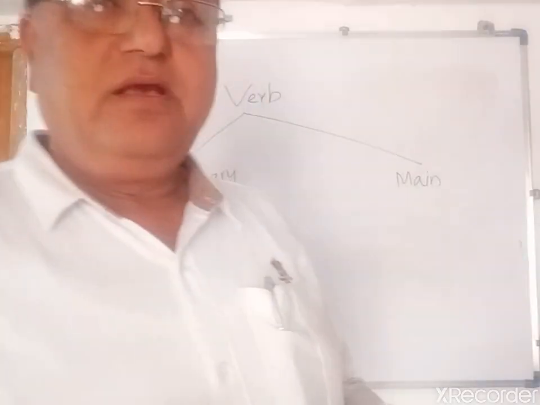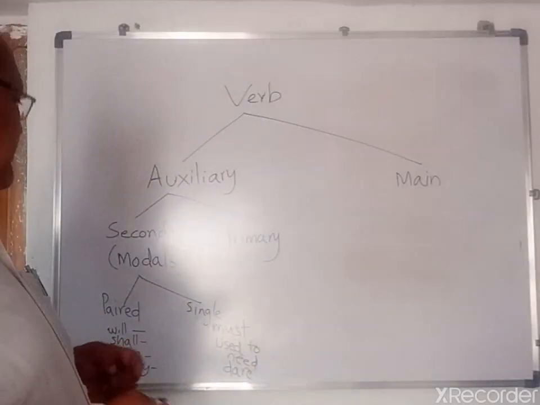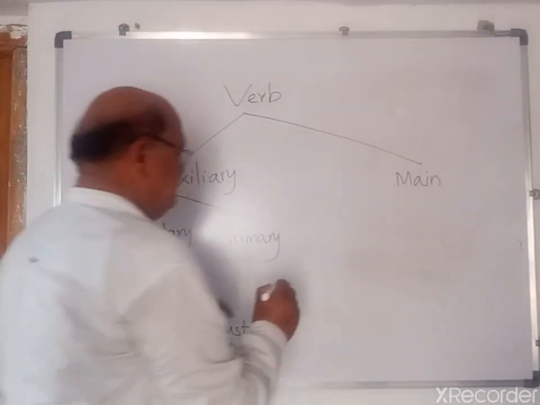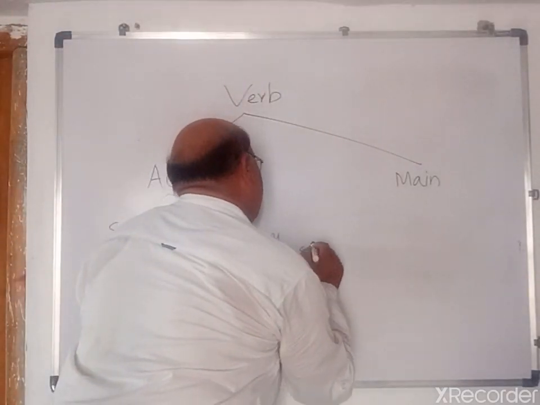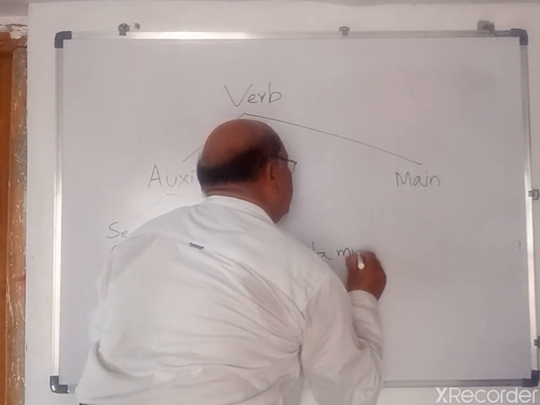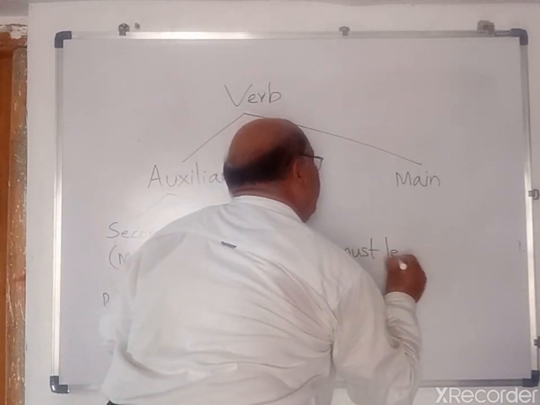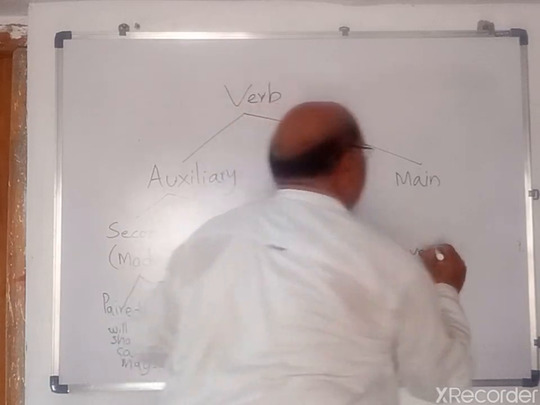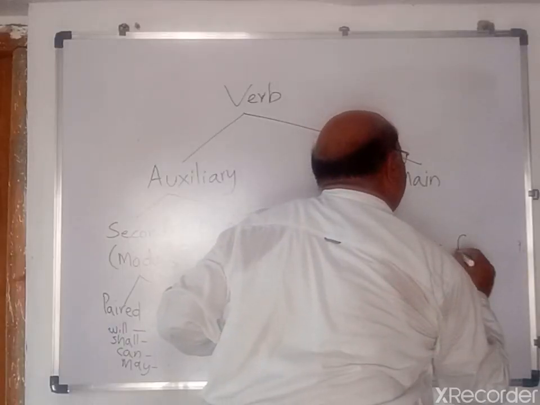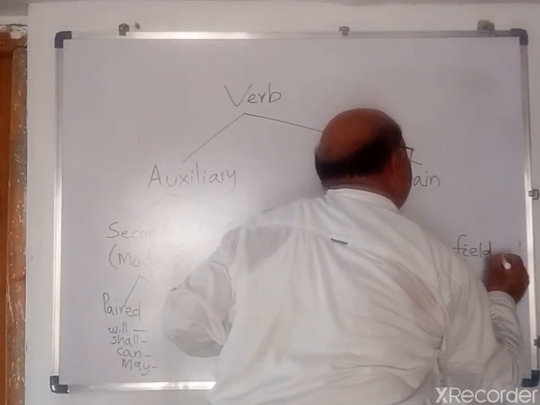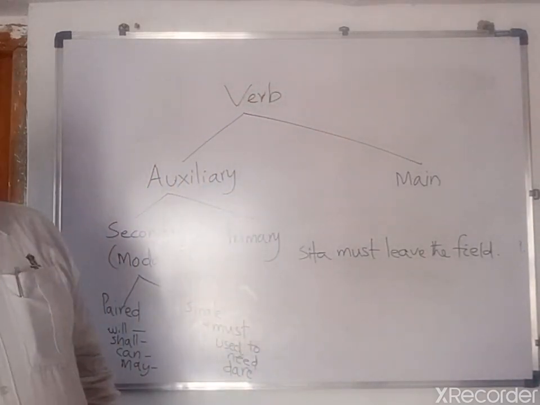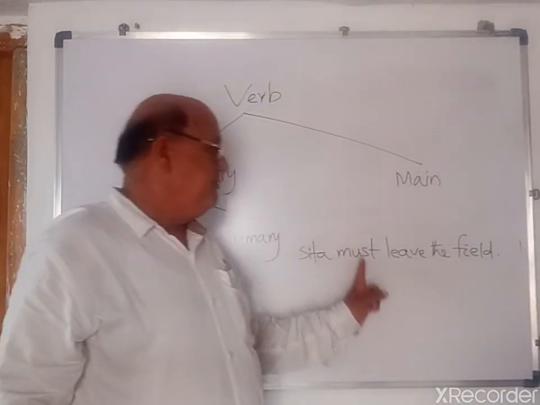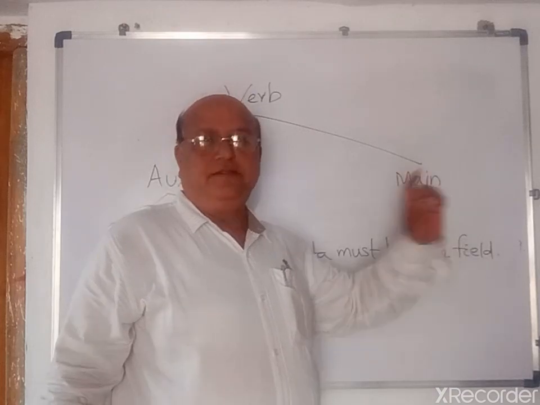See where we grumble. If a sentence comes, Sita must leave the field. One sentence we have, Sita must leave the field.